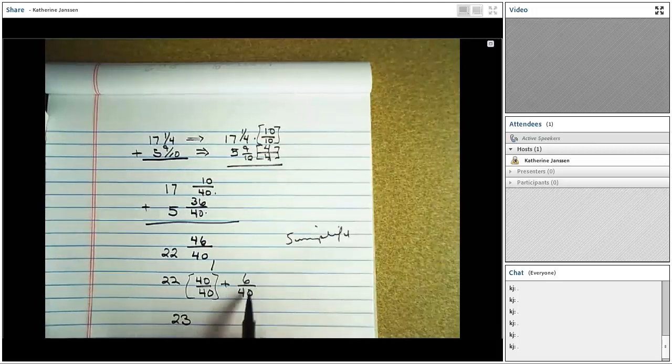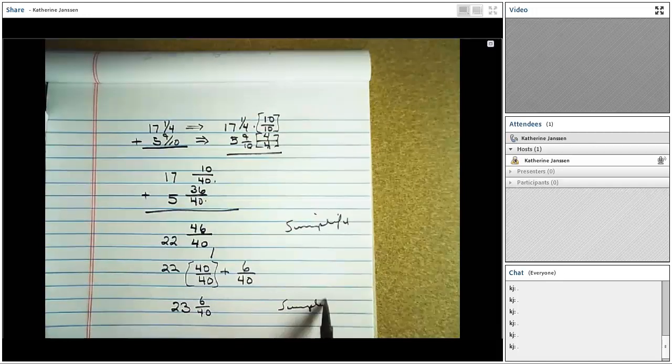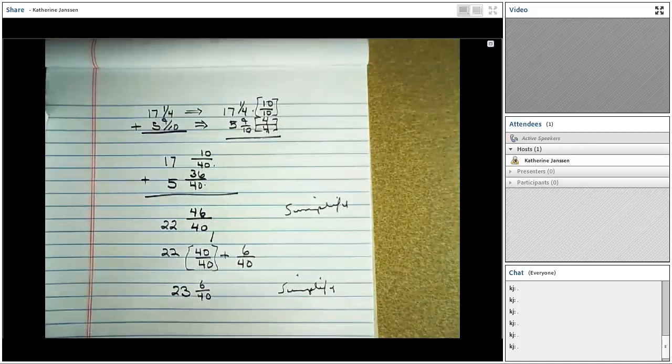And what's left? 6/40. And again, looking to simplify, finding other names for 1. 2 goes into 6 and 40 evenly. So I have 23. 2 goes into 6 3 times, and 2 goes into 40 20 times. So the addition will make their driveway 23 3/20 feet wide.